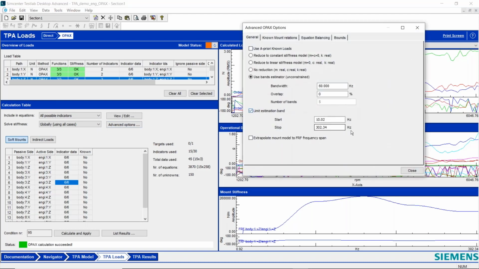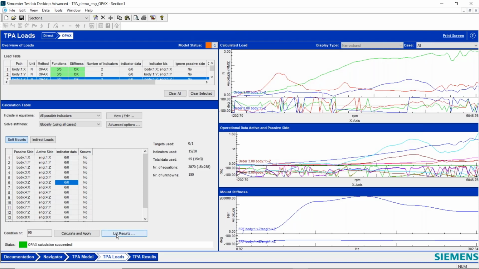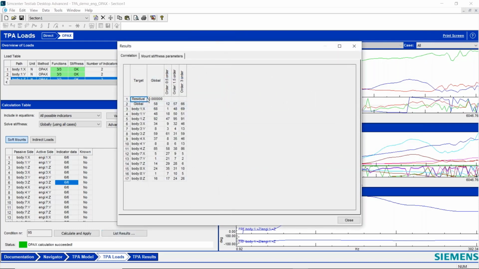You know, we could also limit the band here if you wanted to limit the range, and we can also extrapolate the FRF to the entire frequency range. Here I could use a priori known loads if you had loads from another method. And then down below, we can actually list the results. So if you have lots of orders, you can start to see these global correlation numbers.